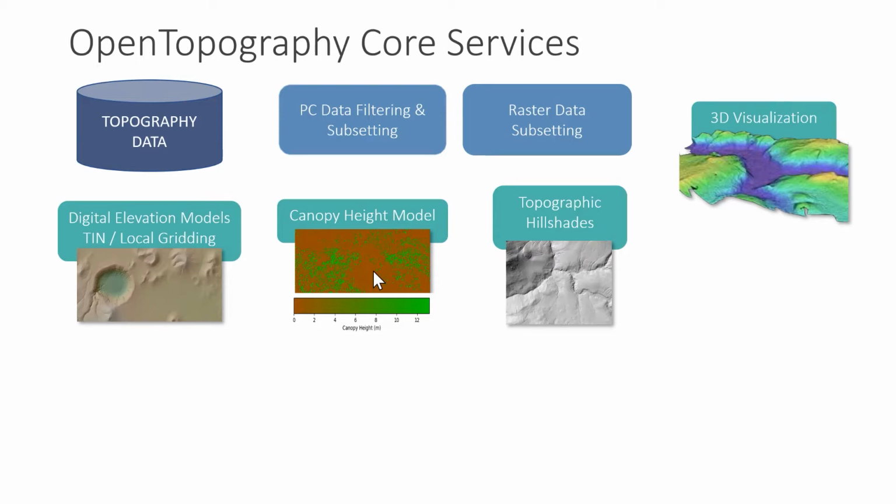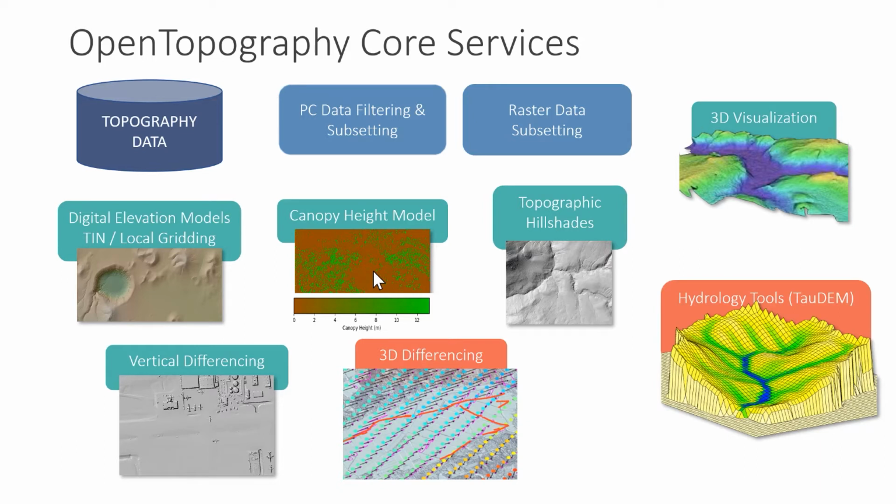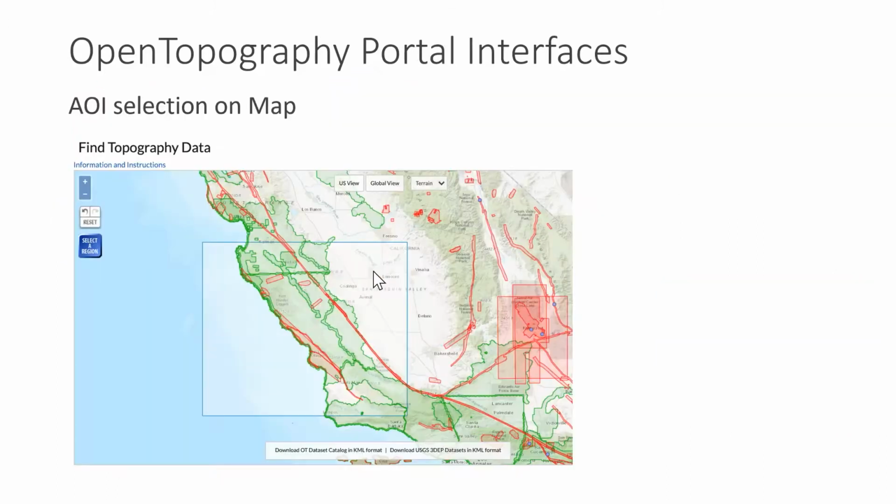We have 3D visualization as possible. And then some of our latest work is on vertical and 3D topographic differencing. And finally, we have high performance computation of drainage network properties using a supercomputer implementation of the TauDEM toolkit.